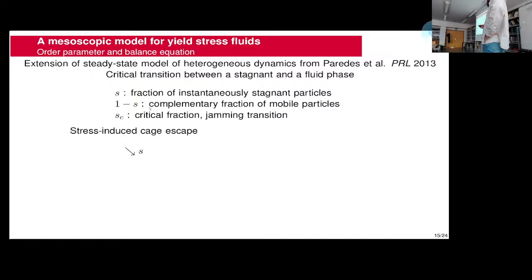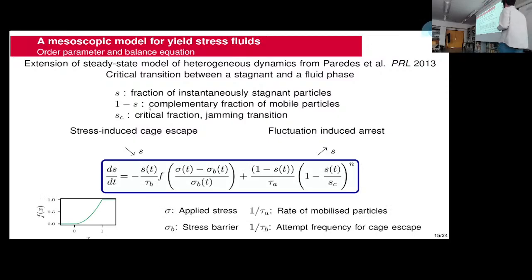There's two competing effects in such systems. The first one is that if you apply stress, you can mobilize particles, so you can make particles that are stagnant escape their cage and start flowing. And you also have the effect of the heterogeneous dynamics and the fluctuation of stresses that can arrest the motion of particles. So you have a balanced equation for the order parameter S with the stress-induced cage escape term here.